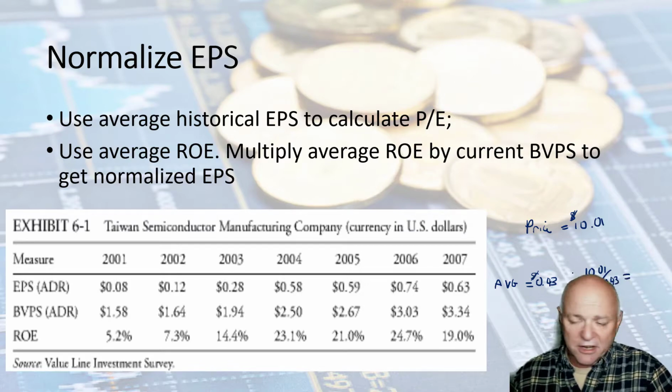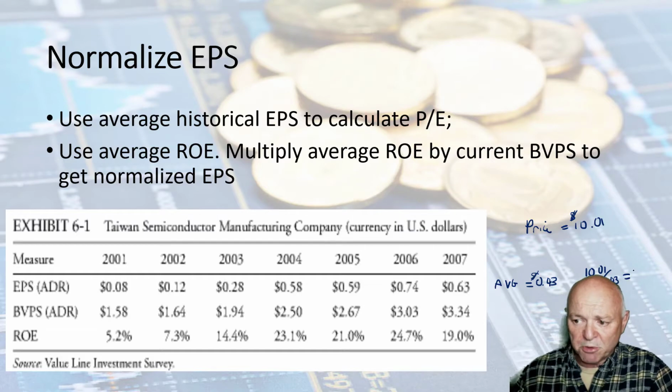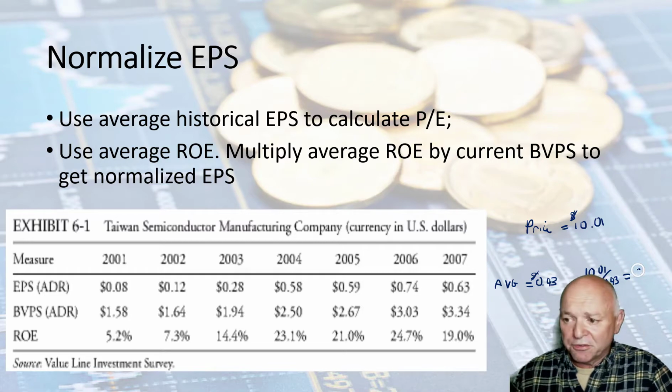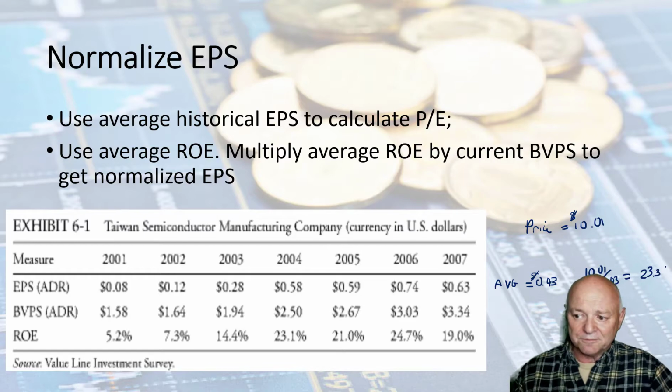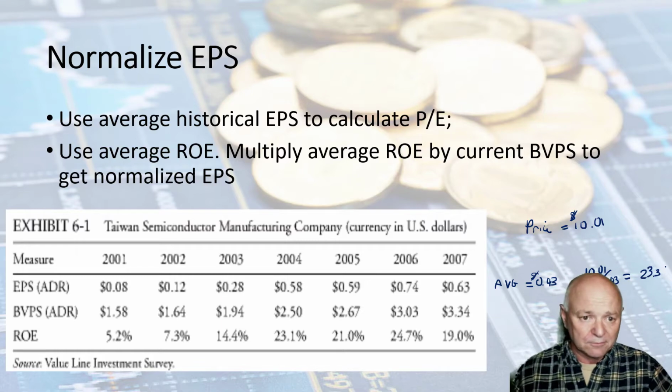This company is trading at a normalized price earnings multiple of 23.3. And that would be the number that we'd expect to see in the long term.